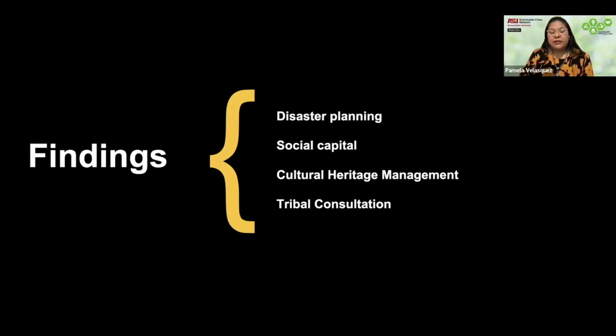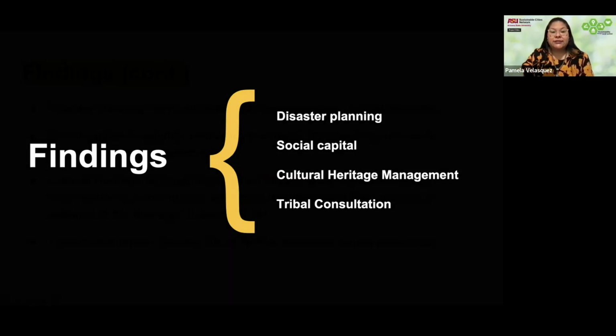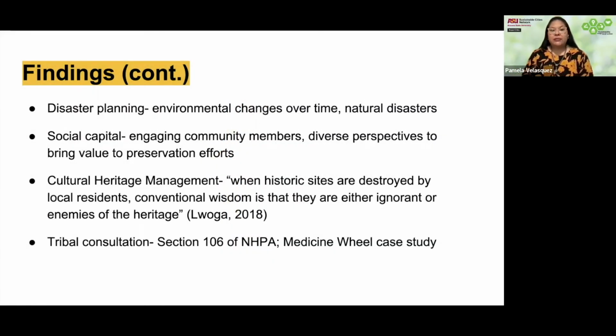The findings of my project, I summarize into 4 common themes, which are disaster planning, social capital, cultural heritage management, and tribal consultation. When it comes to disaster planning, it is rare that conversations with community planners are occurring that incorporate preservation efforts pre and post disaster.